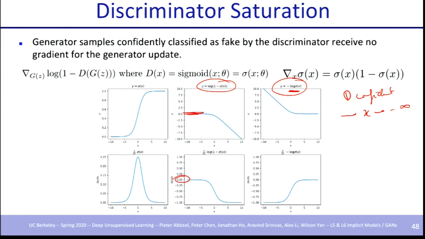If instead you say, I'm going to optimize the negative log probability of just sigma x, you get an objective that looks like this, which has a slope here and becomes flat on the other side. But this is the side we care about, where the discriminator is very confident that it's fake, and we see we get a derivative of negative 1, which is not 0, and we get all the signal to propagate. You might say, well, isn't it bad that we have a derivative of 0 now on the other side?